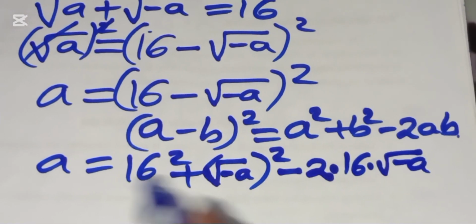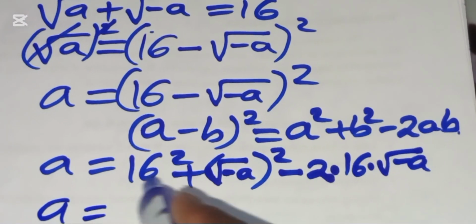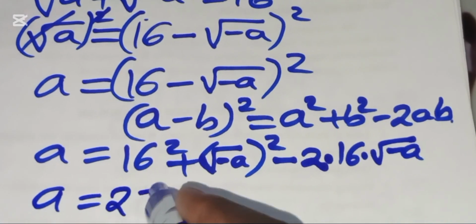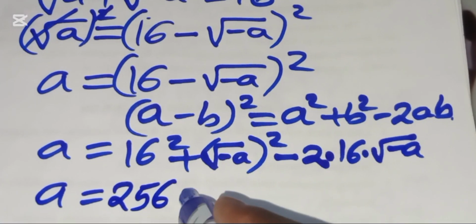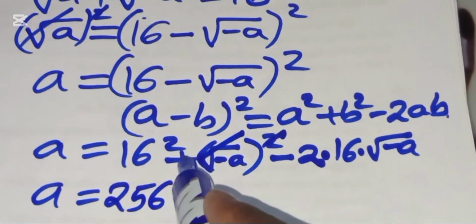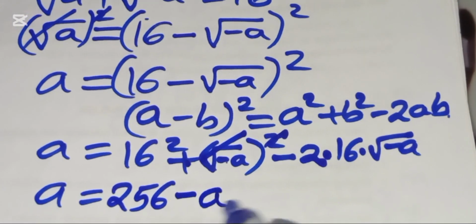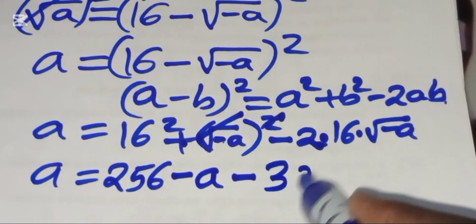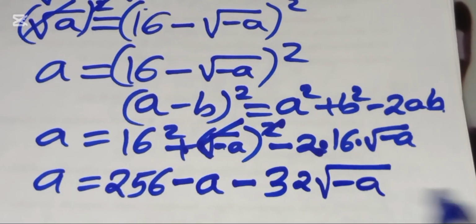Now a is equal to 16 squared, which is 256, plus, the square root sign simplifies, so plus negative a, subtract 16 times 2, which is 32, square root of negative a.